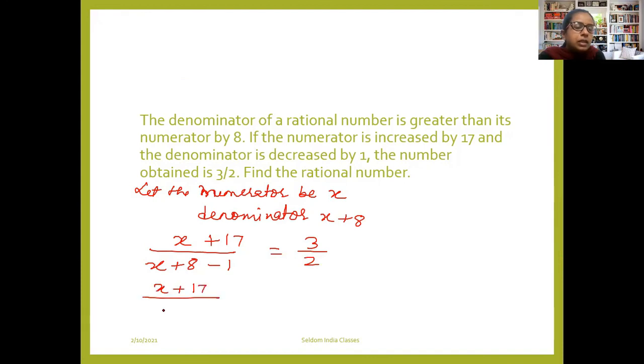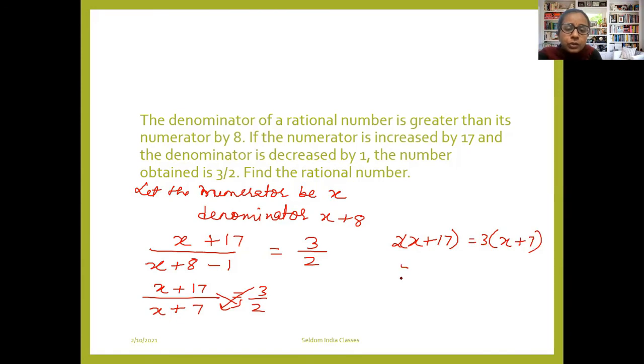x plus 17 divided by x plus 7 equals 3 by 2. Cross multiply, perform cross multiplication. 2 into x plus 17 equals 3 into x plus 7. So 2x plus 34 equals 3x plus 21. Move the x terms to the left hand side and the numbers to the right hand side.